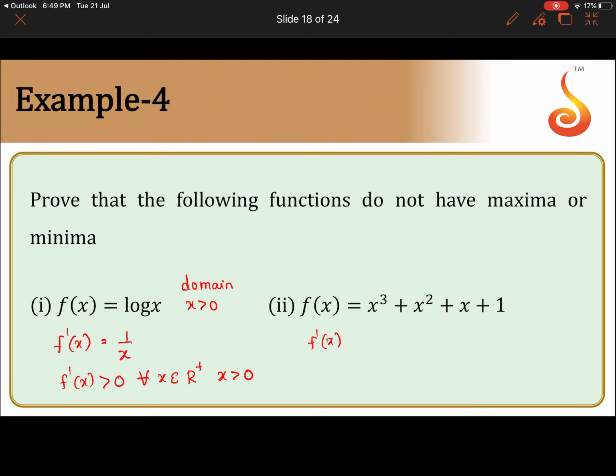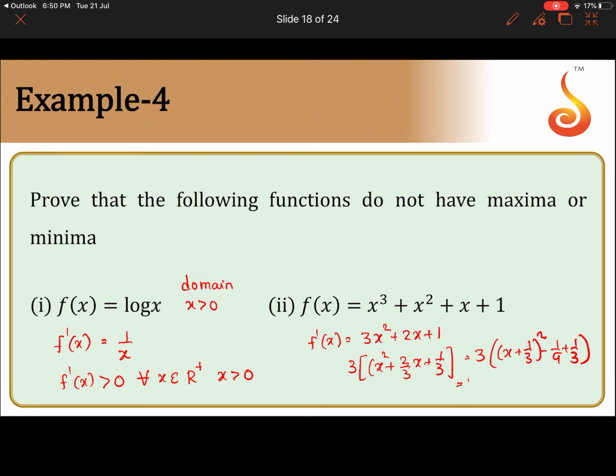Similarly here, f dash x is equal to 3x square plus 2x plus 1. We take 3 common, we get x square plus 2 by 3 x plus 1 by 3. So this can be written as 3 times x plus 1 by 3 whole square minus 1 by 9 plus 1 by 3.